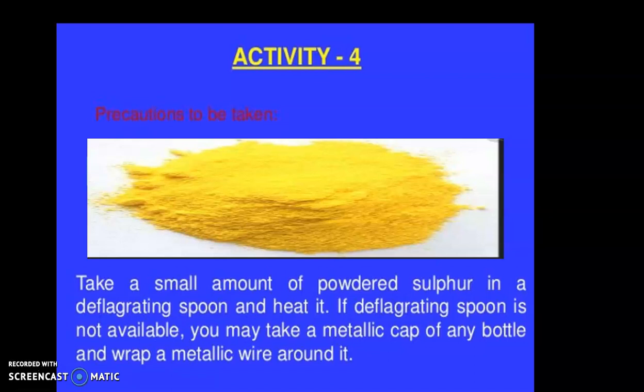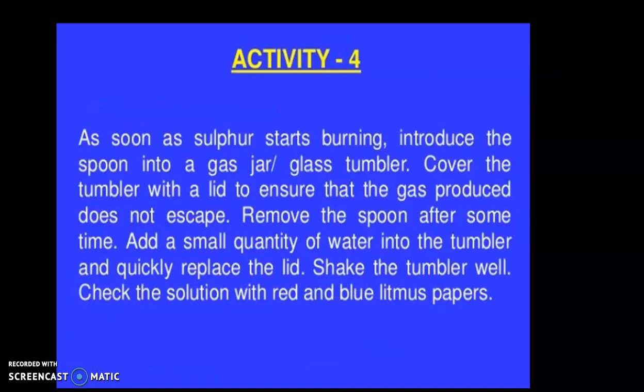If that spoon is not available, you may take a metallic cap of any bottle and wrap a metallic wire around it. As soon as the sulfur starts burning, put a little quantity of sulfur inside the cap and put it inside a jar.